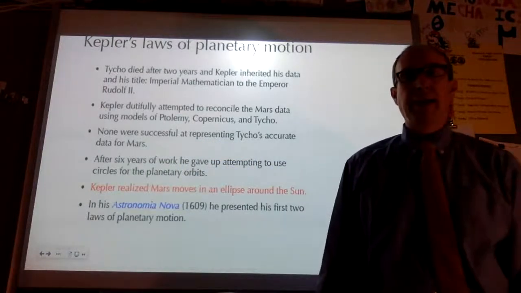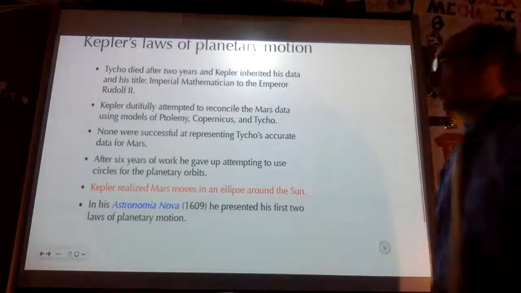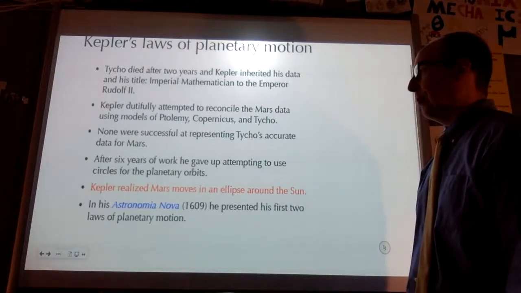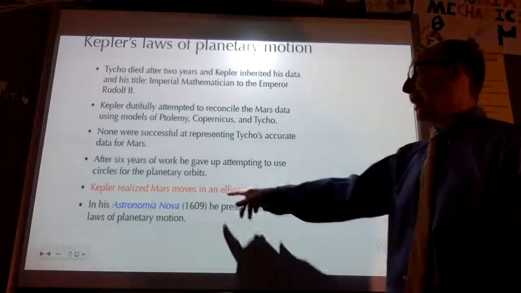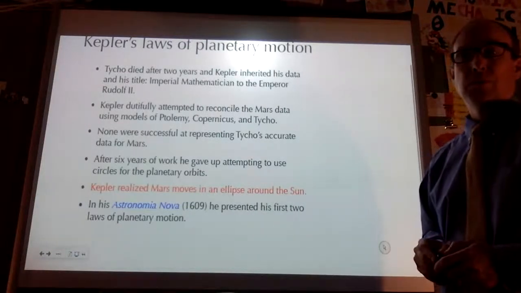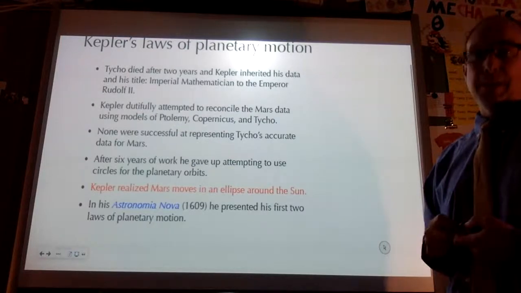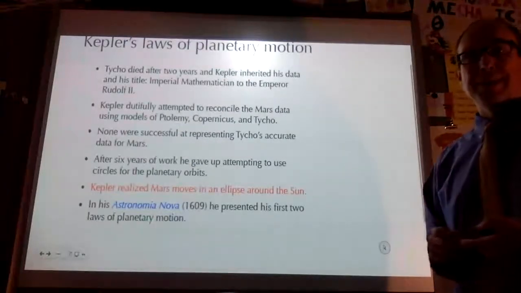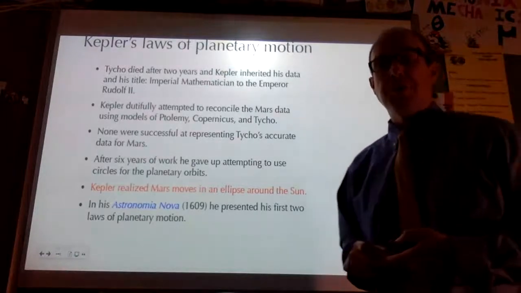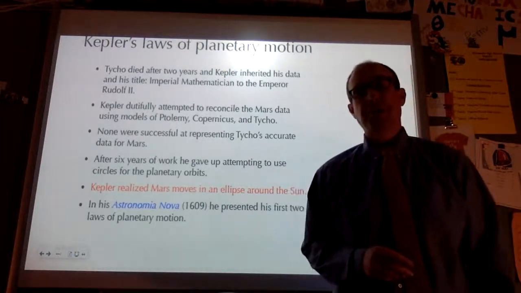It didn't quite work that these were circular orbits. And so the big idea was that Kepler realized that it was elliptical. And a circle is an ellipse, but an ellipse isn't necessarily a circle. So circular motion, it turns out, is super, super special.